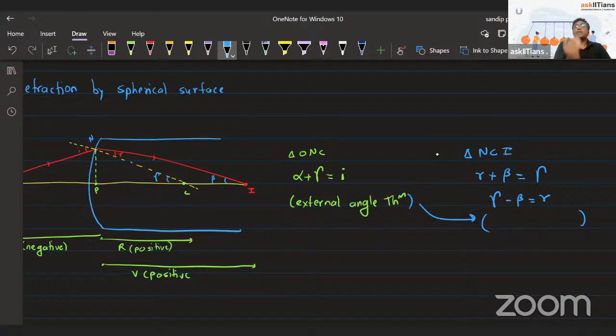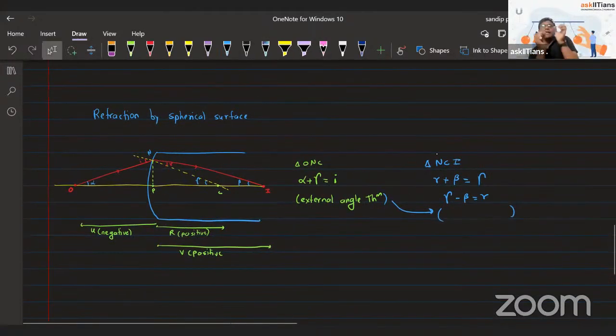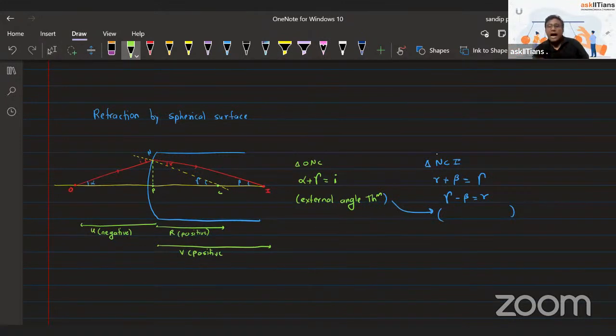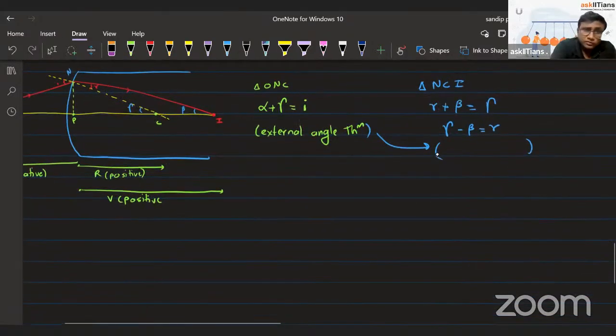So first of all, find alpha, beta, gamma in terms of angle I and angle R. Angle I is our angle of incidence, and angle R is our angle of refraction.